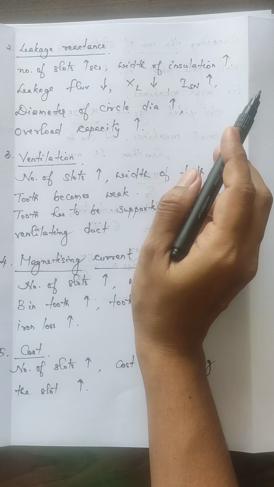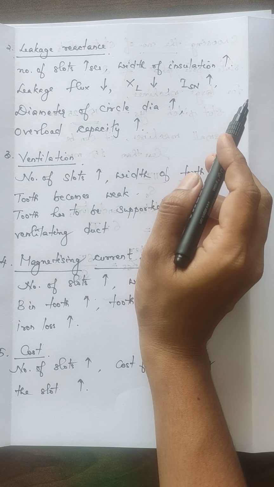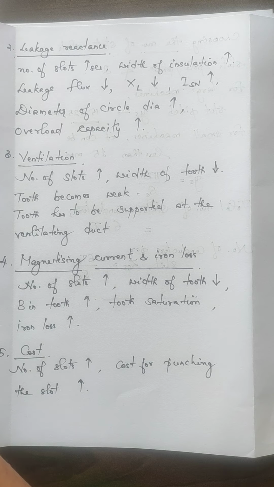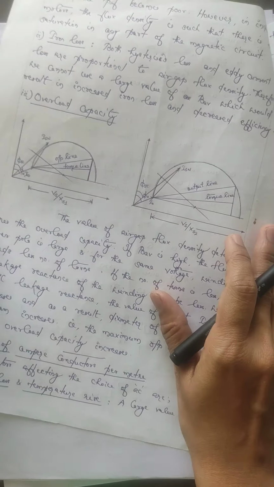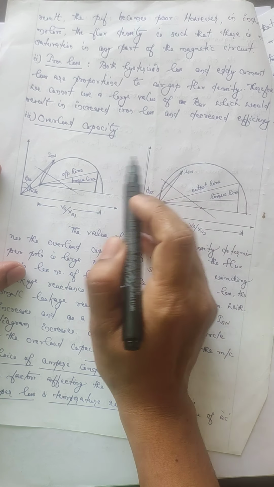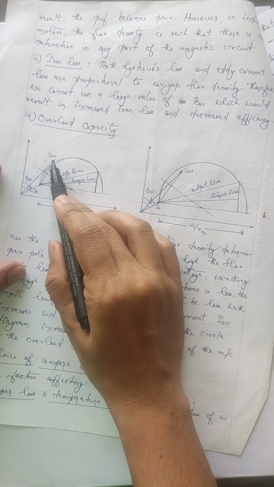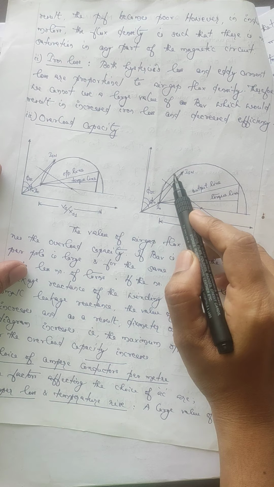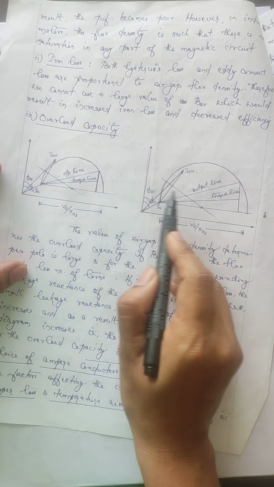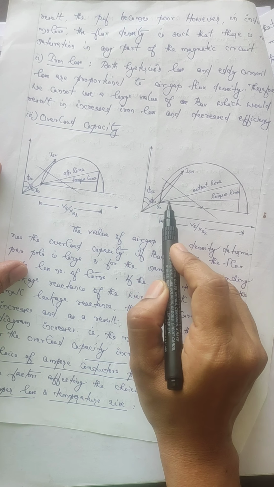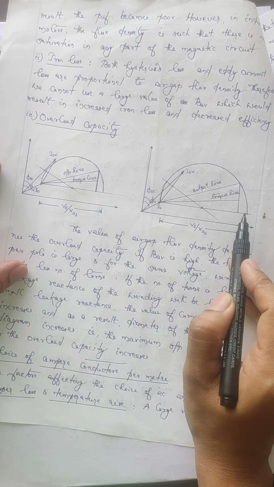We have already seen those factors while discussing the choice of B average and AC. Let me show it again. This is the circle diagram corresponding to two different cases. Here this is ISN and here an increased value of ISN is shown. Referring to both these circle diagrams, we can see that with increased ISN, the diameter of the circle diagram has increased.